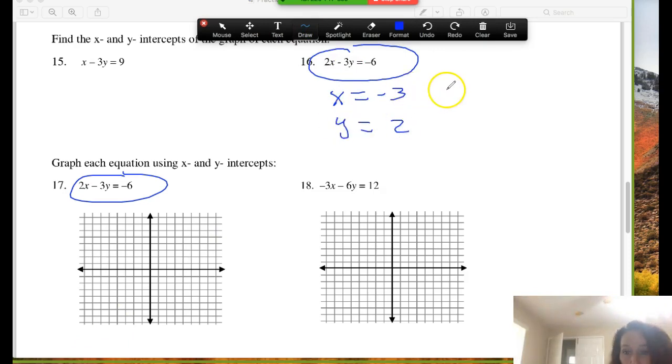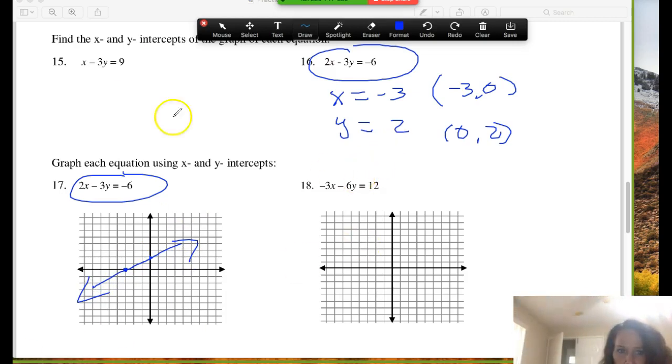So the x-intercept is the point (-3, 0), and the y-intercept is the point (0, 2). So just graph these. If the x-intercept is -3, I'm going to go -1, -2, -3 right there. And the y-intercept is 2. I'm going to go on the y-axis up 1, 2. So it's over 0, up 2. And bam, there's your line. That's all you have to do.